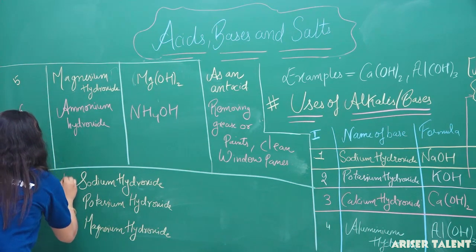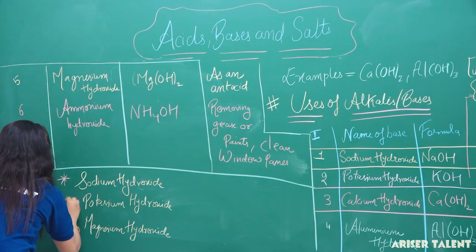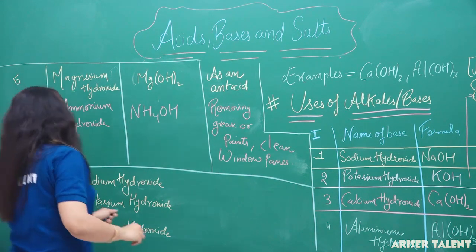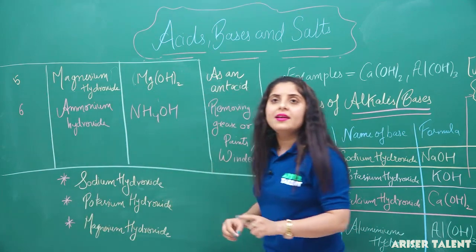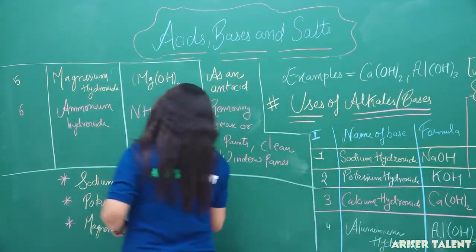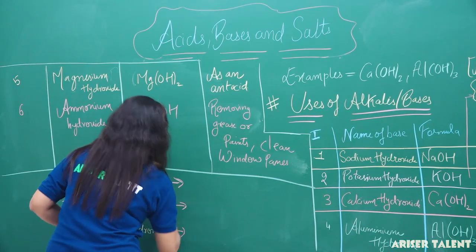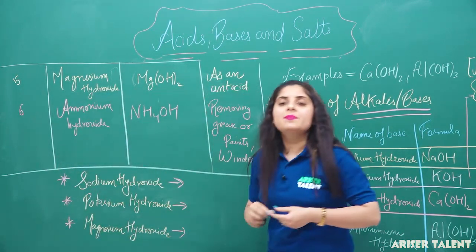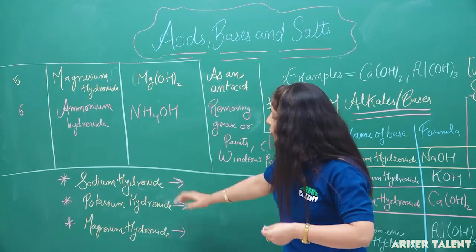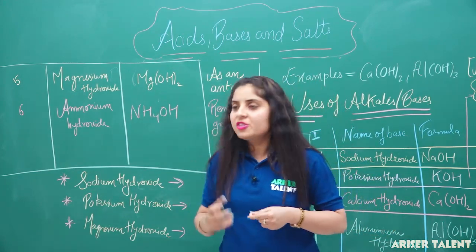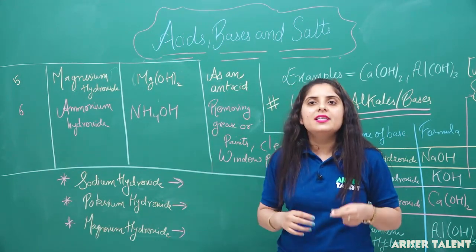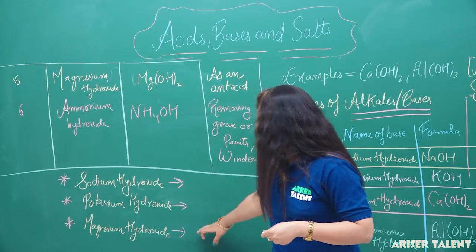These three compounds have commercial names also. Sodium hydroxide is basically known as soda ash, potassium hydroxide is known as potash and magnesium hydroxide is basically known as milk of magnesia.